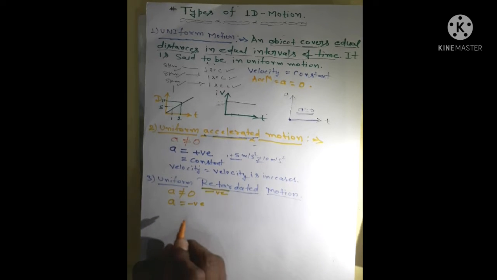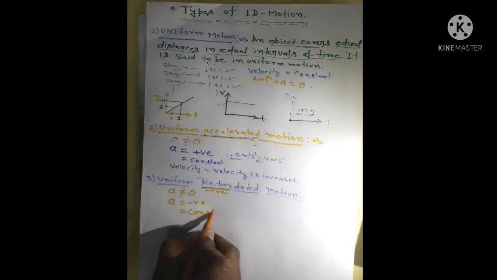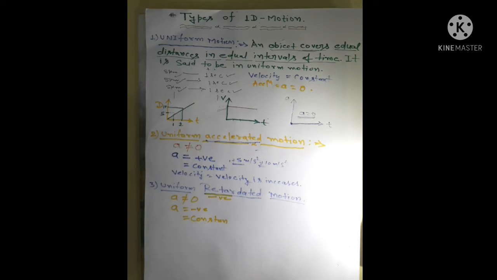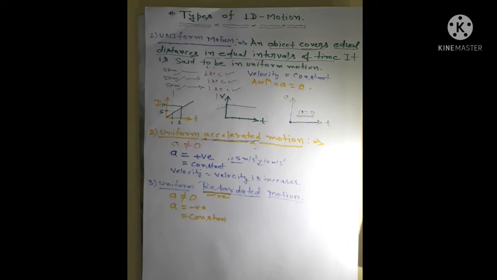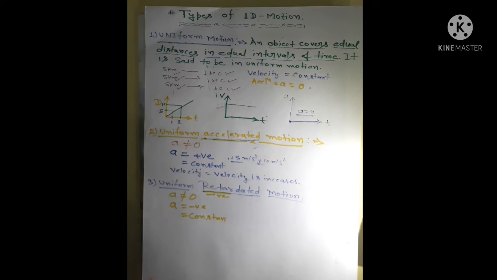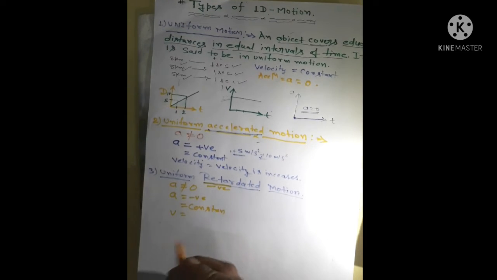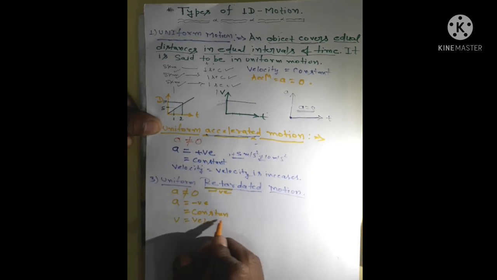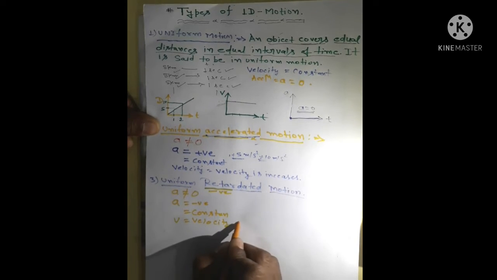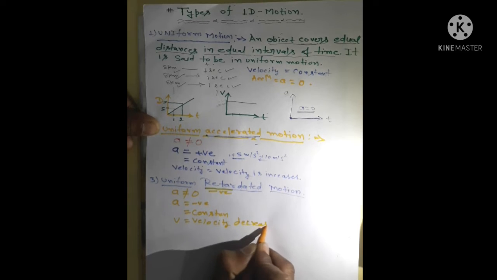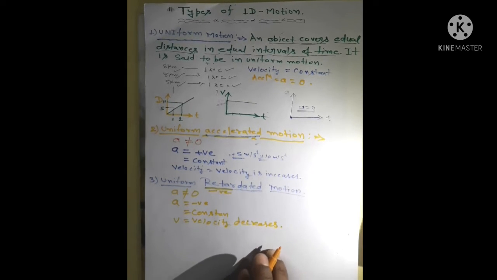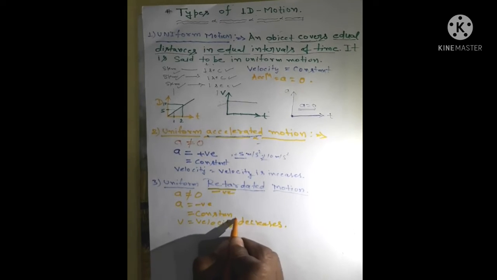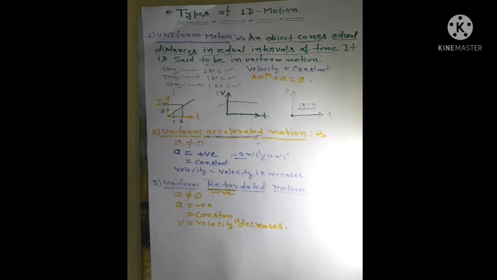In uniform retarded motion, acceleration is negative and constant, and velocity decreases. This type of motion is called uniform retarded motion.